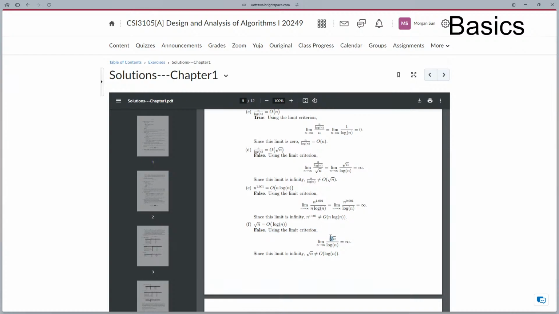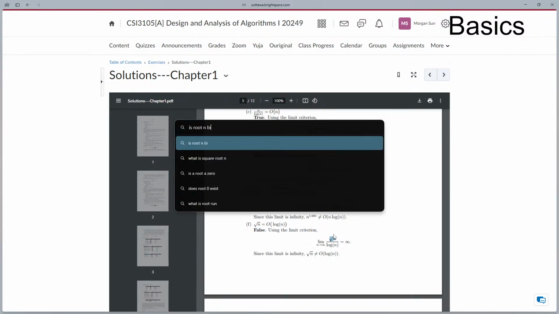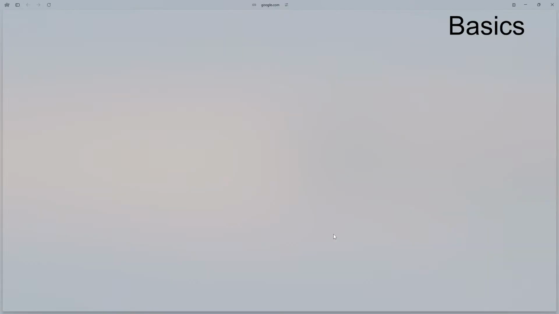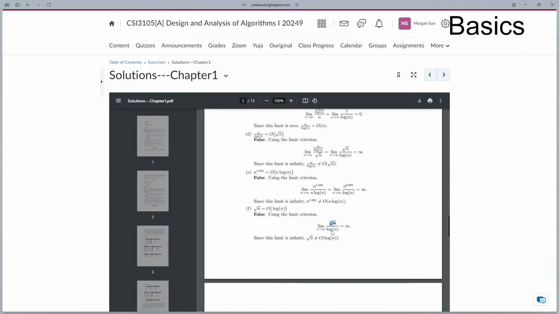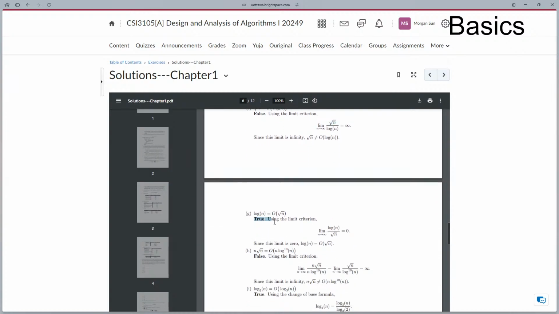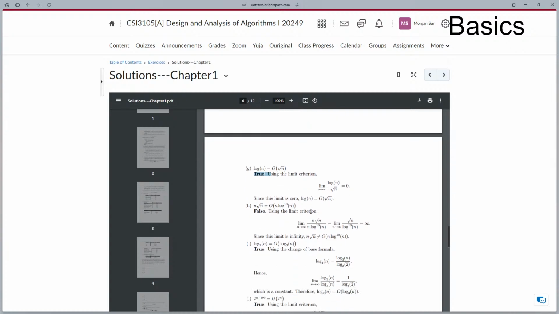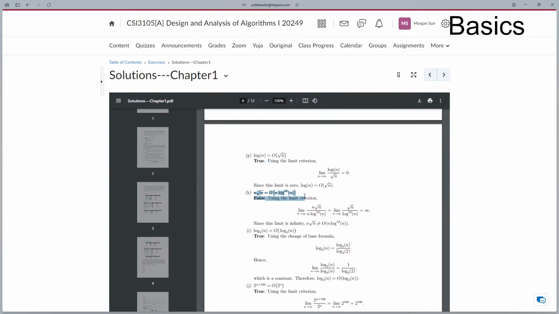And in any case, which is bigger? Is root n bigger than log n? Okay, root n. Okay, if root n is bigger, then this should be true because root n is bigger. And then in this case, this is false because root n is bigger.